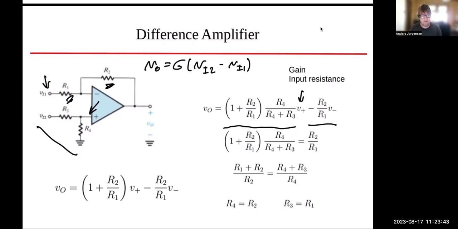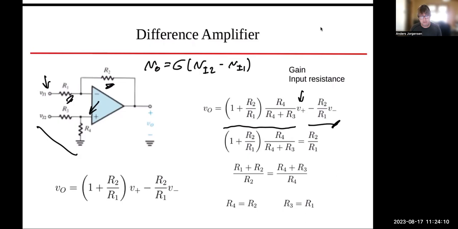We connect VI2 to ground and apply a voltage, V minus, on input number 1, VI1. When VI2 is connected to ground, the positive terminal is effectively connected to ground. We have an inverting amplifier, and we end up with this expression over here.